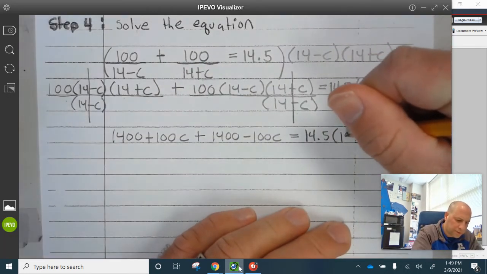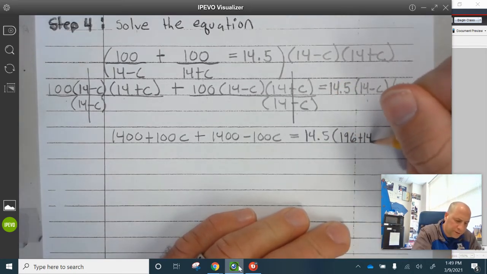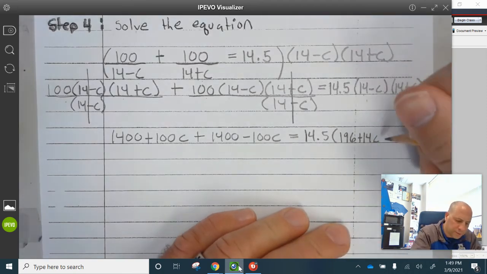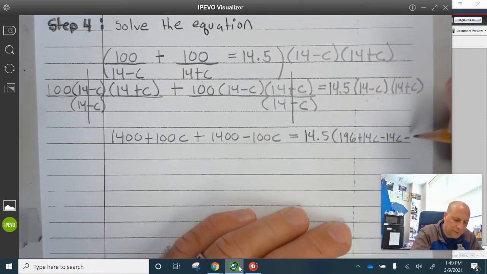So 196. 14 times c is plus 14c. And then negative c times 14 is minus 14c. And then negative c times negative c is negative c squared.